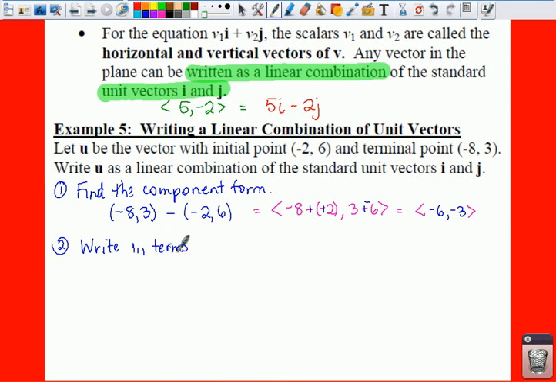So if we start with <-6, -3>, that can just be rewritten as -6i minus 3j. And there is your linear combination.